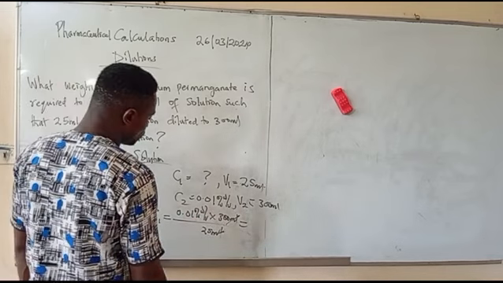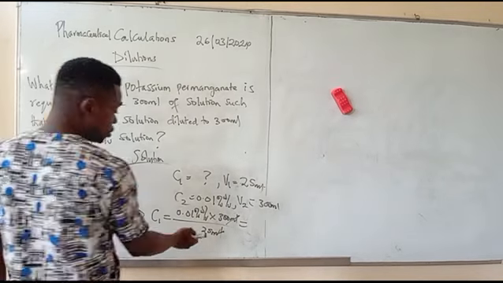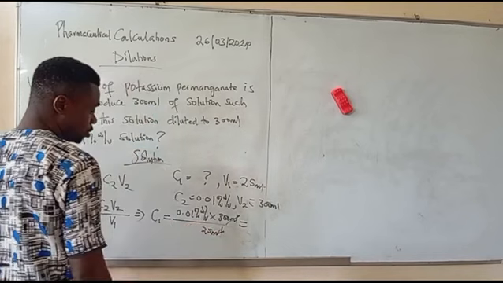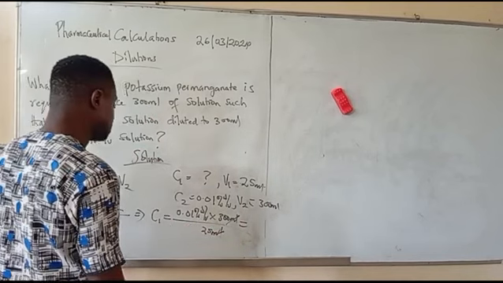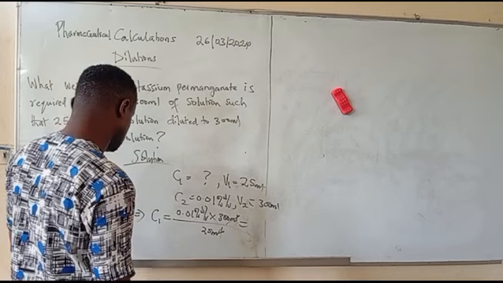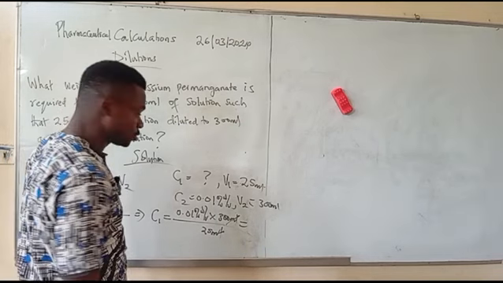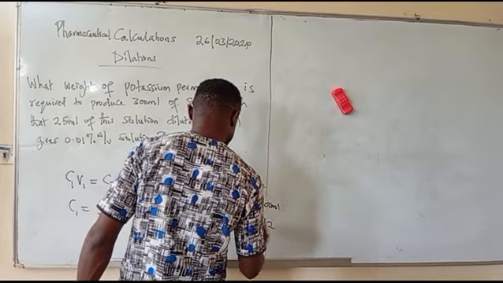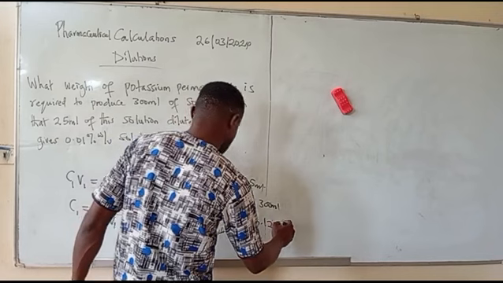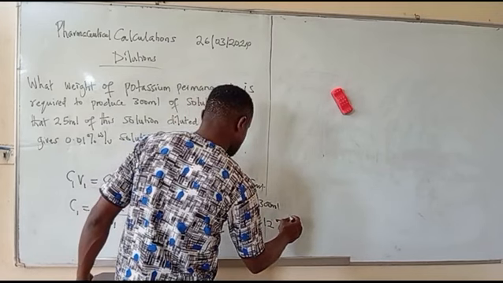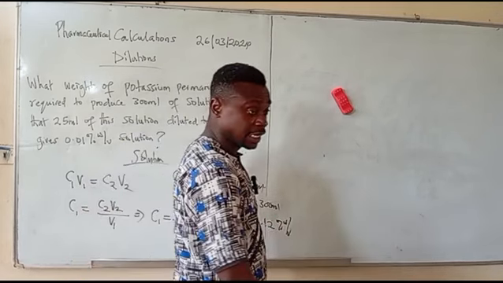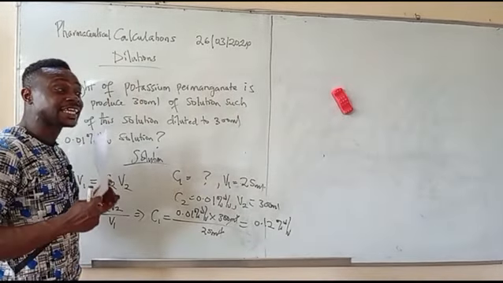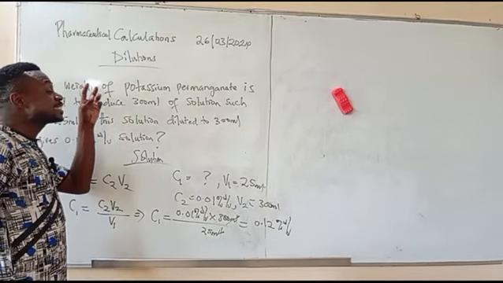The 300 ml solution is 0.12% weight in volume. To find the weight of potassium permanganate, we have to understand the meaning of percent weight in volume. Use that same idea to tell me what it actually means.